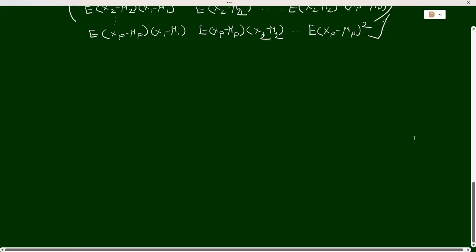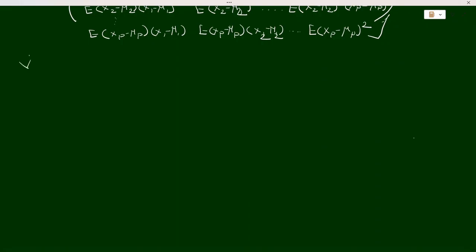So now variance of x, its notation is capital sigma, can be written like this: first one as sigma x1 square, and the second one as covariance of x1 x2, etc. Covariance of x1 xp.